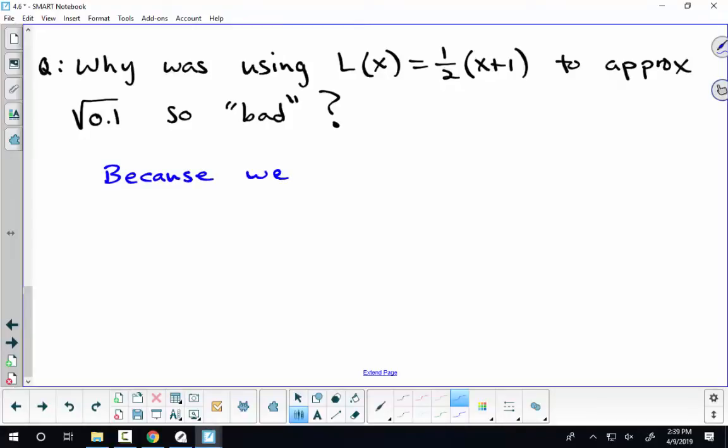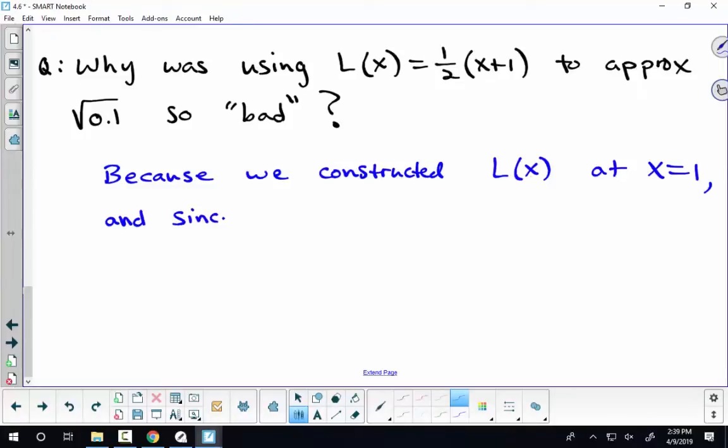Because we constructed the linear approximation at x equal to 1, and since x equal to 0.1 is "far" from x equal to 1, we obtained a bad approximation.